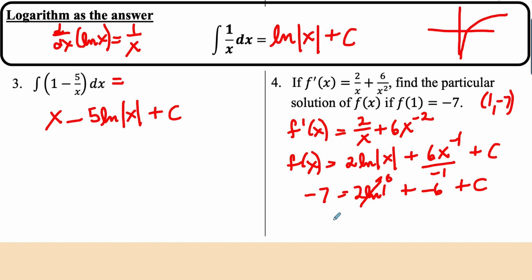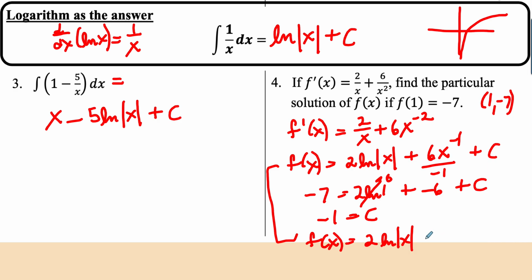And if I add 6 to both sides, I get negative 1 is equal to c. So now I have my particular solution, and that'll be 2 natural log of absolute value of x minus 6, and I'm going to put the x in the denominator, and then minus 1 because we figured out that c was negative 1.